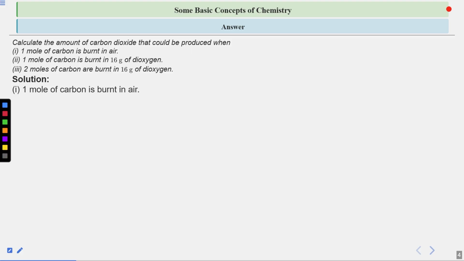If you are burning 1 mole of carbon in air, then we can say that 1 mole of carbon will react with 1 mole of oxygen to give carbon dioxide. So this is your balanced chemical equation for the combustion of carbon.